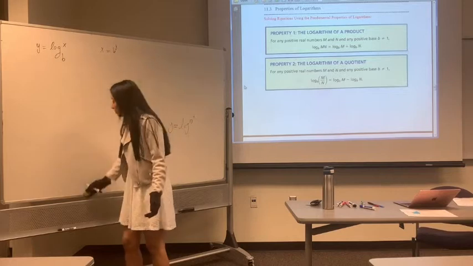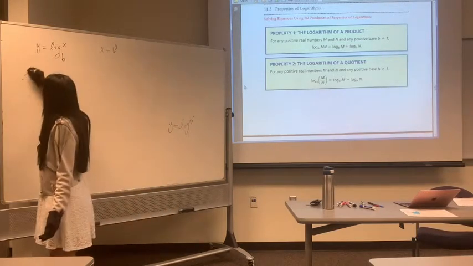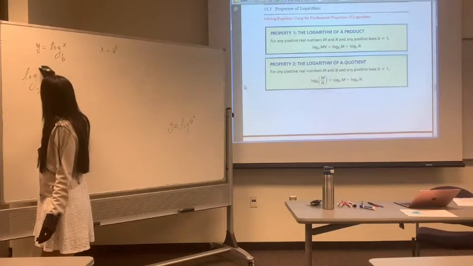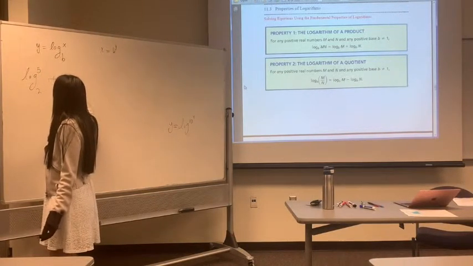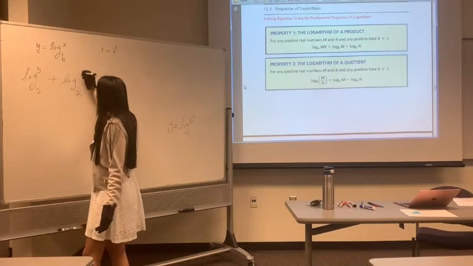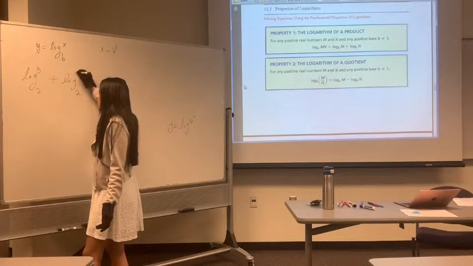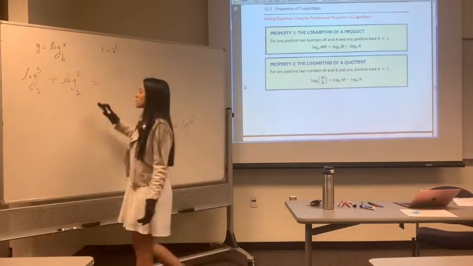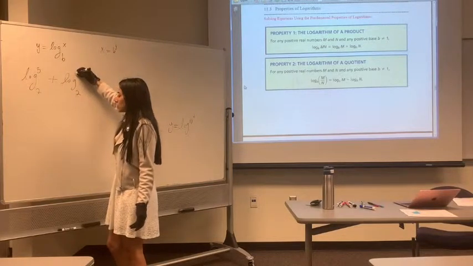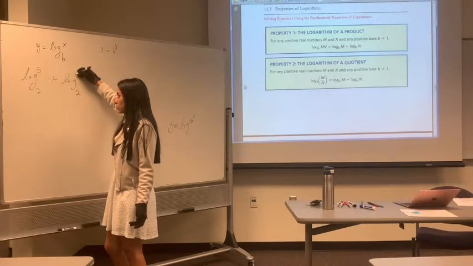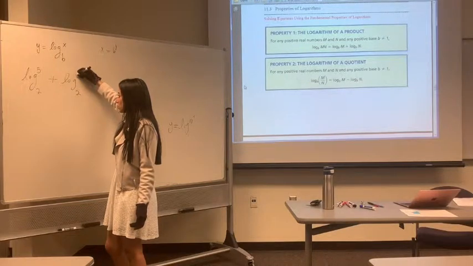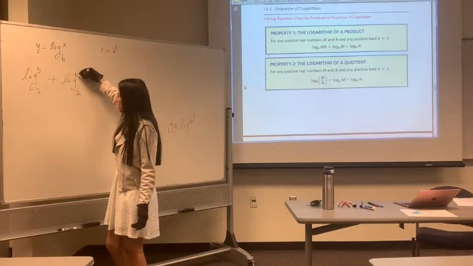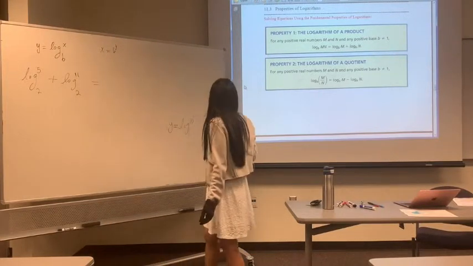If we have two logarithms with the same base, log base 2 of 5 plus log base 2 of 11, what do we do?